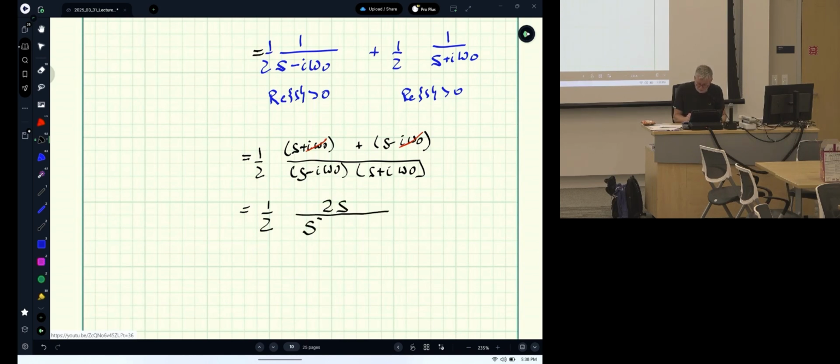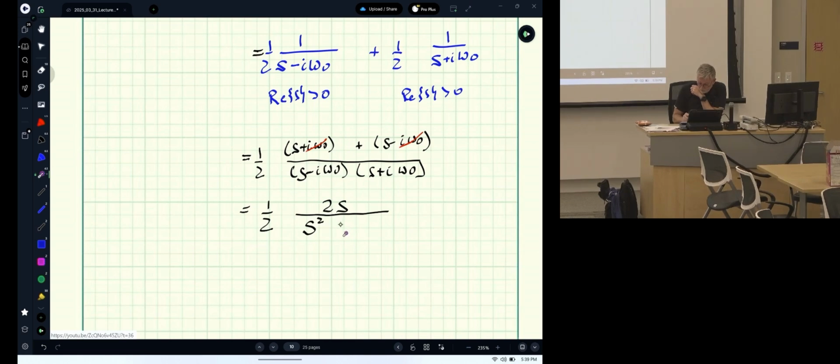Anybody see what we get in the bottom here? It's a minus b times a plus b. So I did the a squared minus i times i, that becomes plus 1, and omega naught squared.